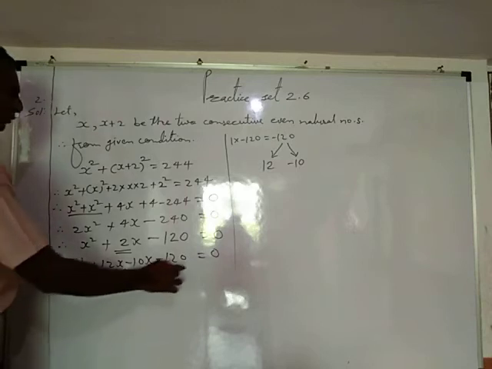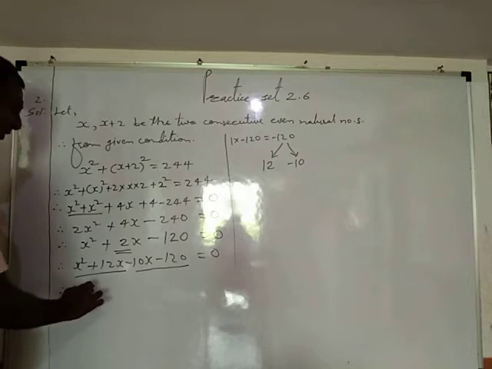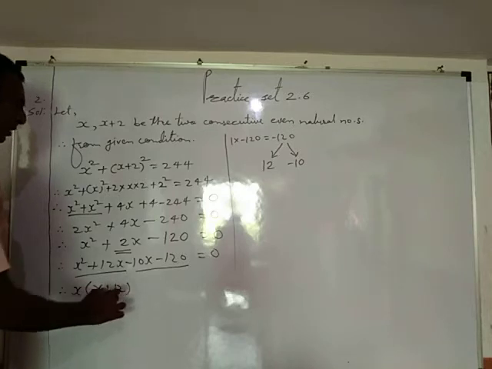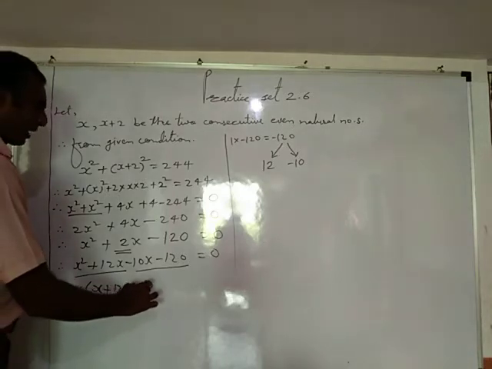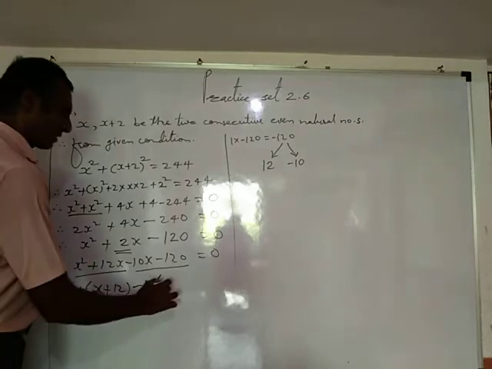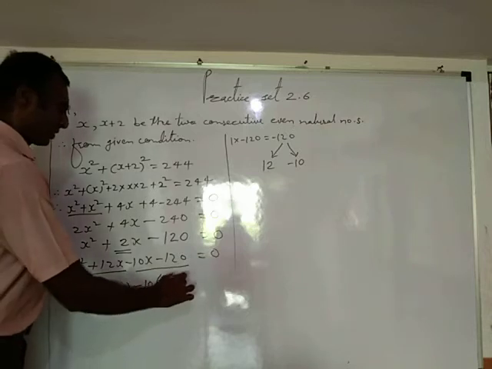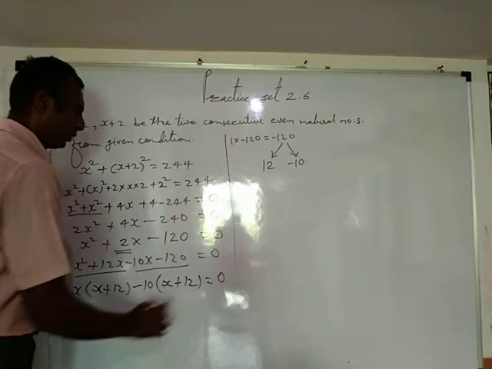Pair of first two, pair of next two, and therefore we may take out x common from the first pair. Therefore in bracket there will be x plus 12. From the second pair we may take out minus 10 common. Minus 10x divided by minus 10 gives us x, minus 120 divided by minus 10 gives us plus 12, that equal to 0.